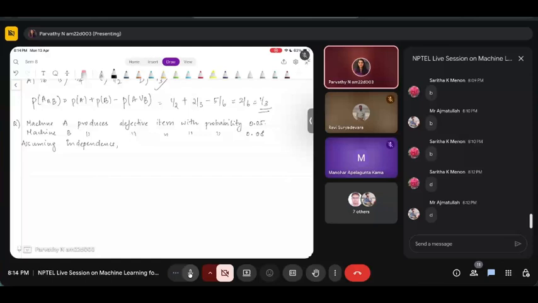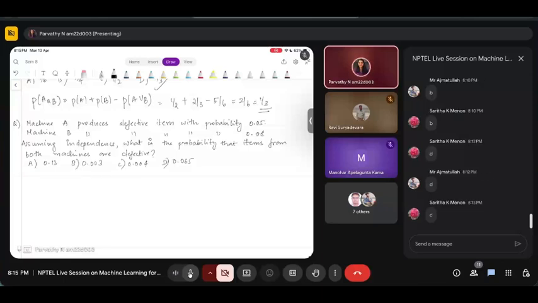What is the probability that items from both machines are defective? 0.13, 0.003, 0.004, 0.065.